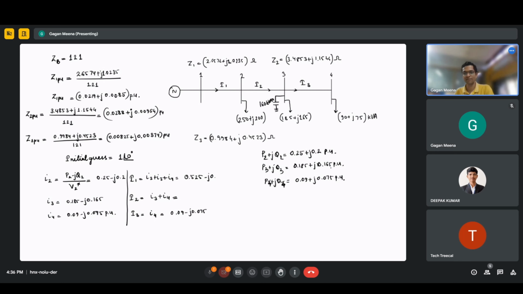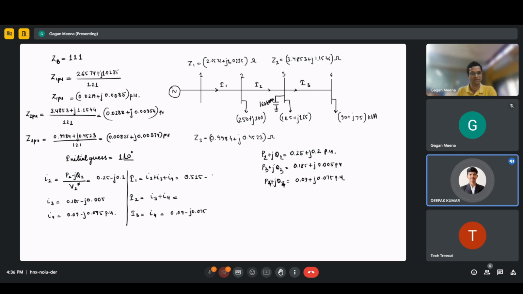So Q3 will not be this; it will be 0.005 per unit. Now calculate again.